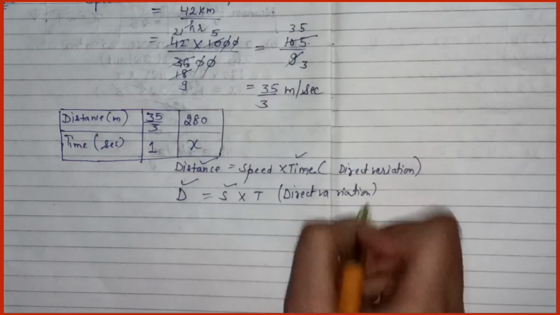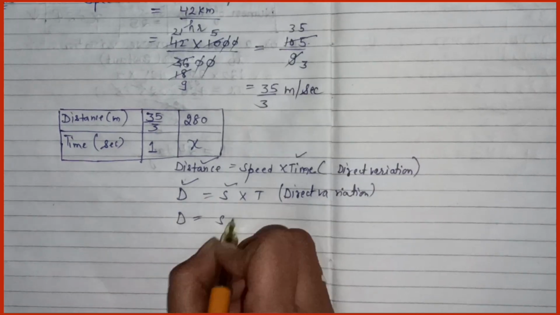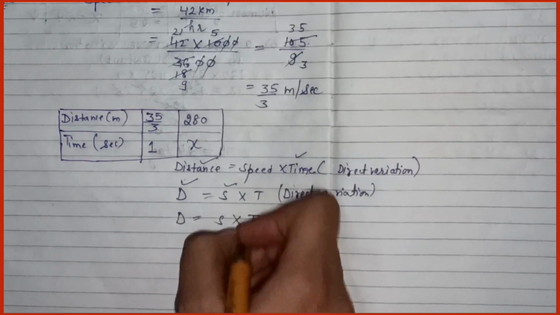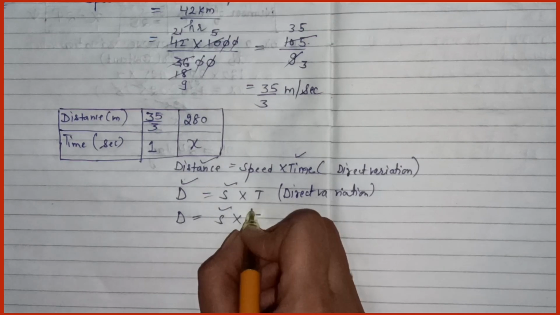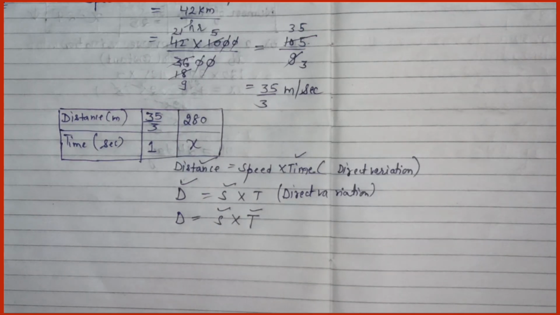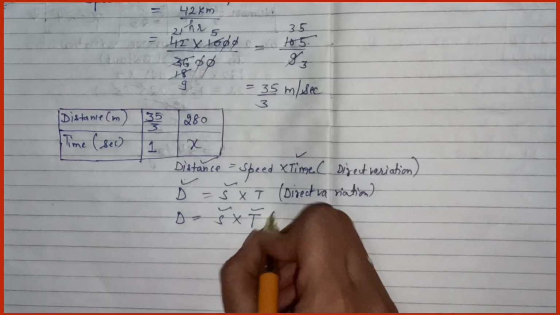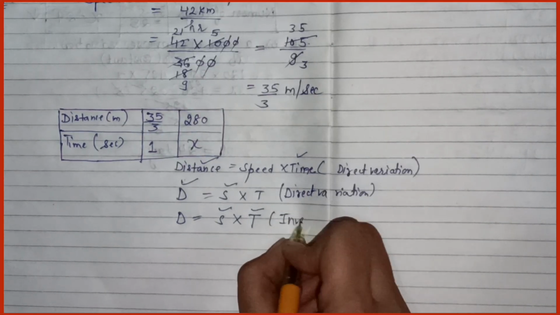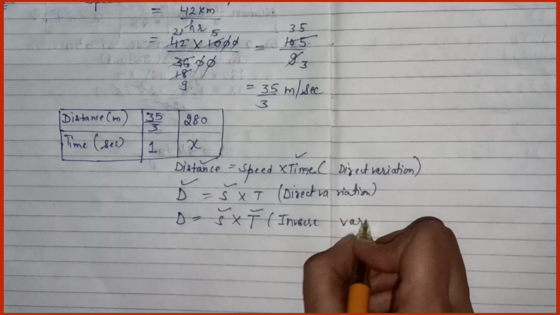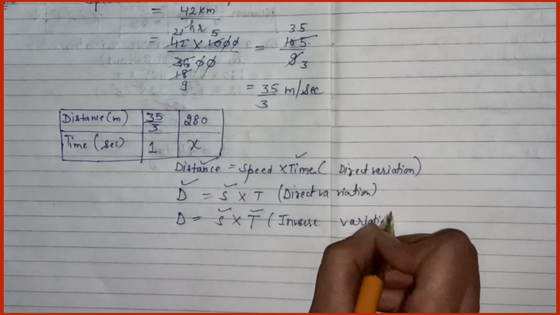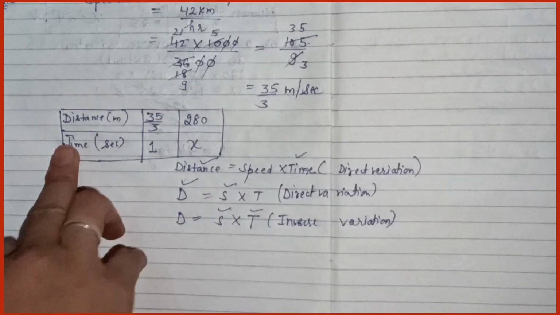And if d is equal to speed multiplied by time, and we are given speed and time both from the right hand side, then it is a case of inverse variation. So in this question, we are given distance and time.